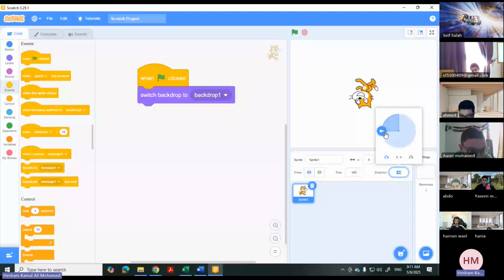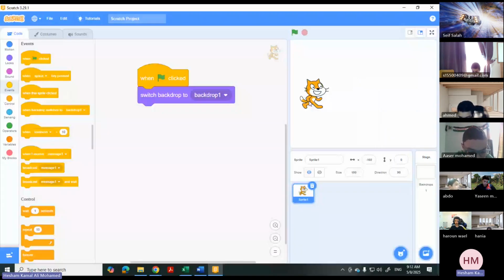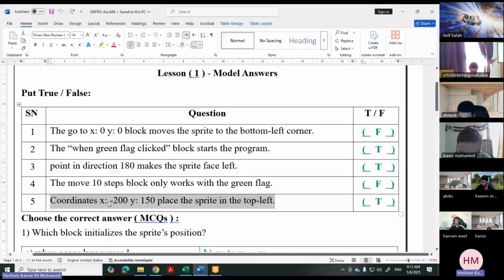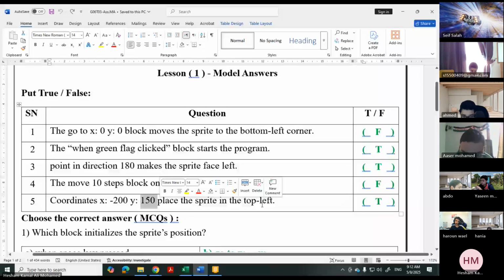If it moves to the left and up, can you see the coordinates here? Negative 183, that's negative, and the y is 91. That means y is positive and x is negative. The same here, as you can see, x is negative and y is positive. So that means the answer is true.